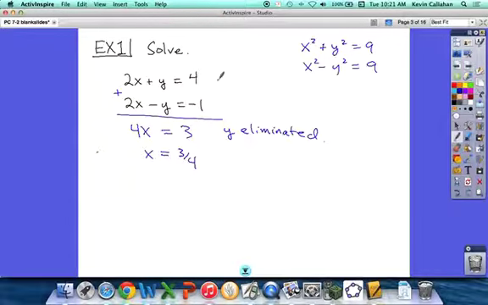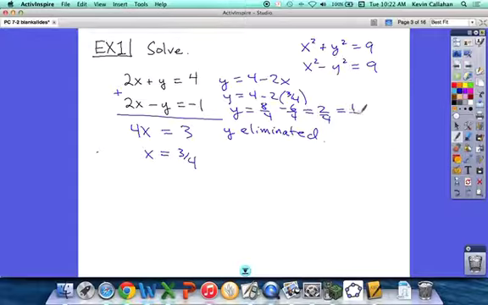If I go up here and say y equals 4 minus 2x, so y equals 4 minus 2 times 3/4. Right? So y equals, and this is going to be minus 6/4. So I'll make this into 8/4 minus 6/4, which is 2/4, 1/2.